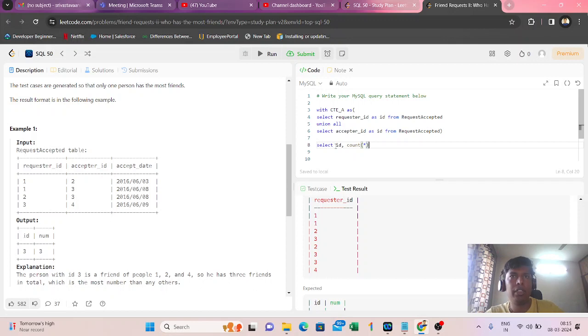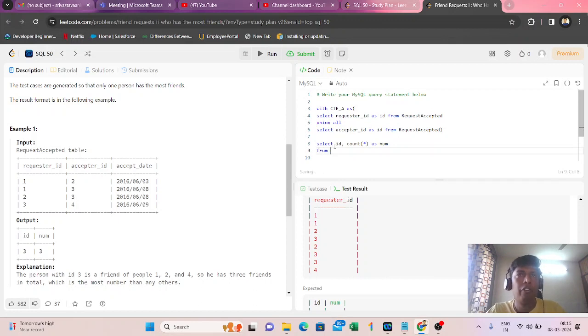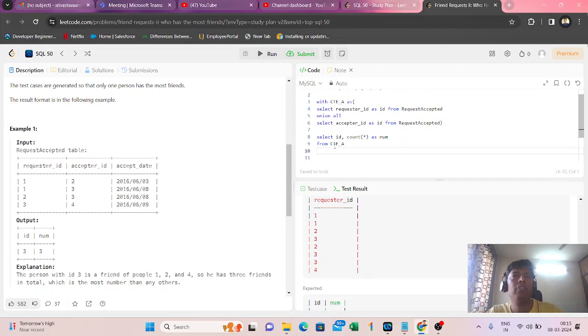So count star, since there's only one column, as the alias num. Now from not the table but the CTE, the temporary table that we have created, from city, group by. First you have to group by, because you have to count on the basis of a particular ID. So you will group by ID.